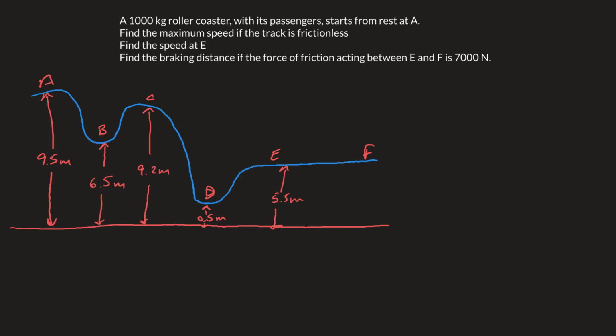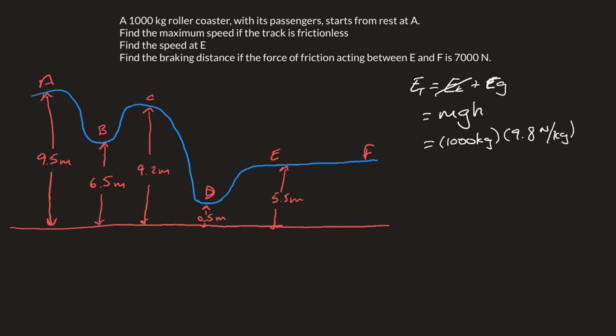So the total amount of energy is simply going to be equal to the gravitational potential energy, which is m times g times h, which is the mass, 1,000 kilograms, times the acceleration due to gravity, 9.8 newtons per kilogram, times the height, 9.5 meters. This leaves us with a starting energy of 93,100 joules.